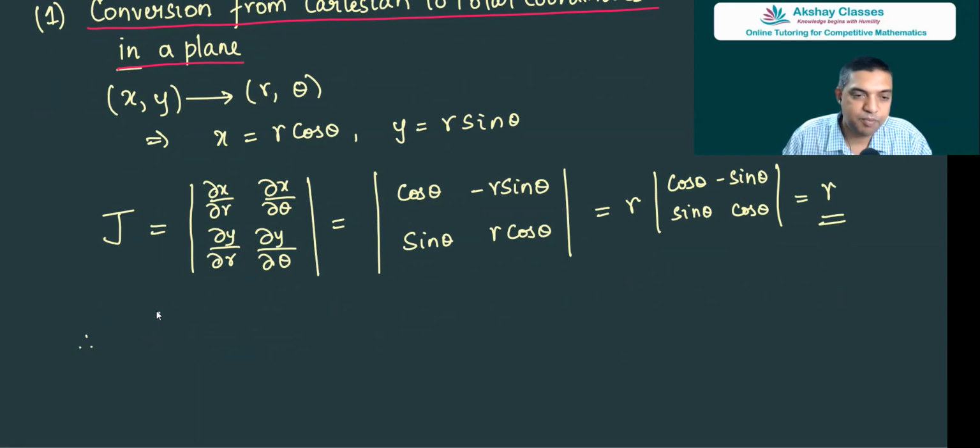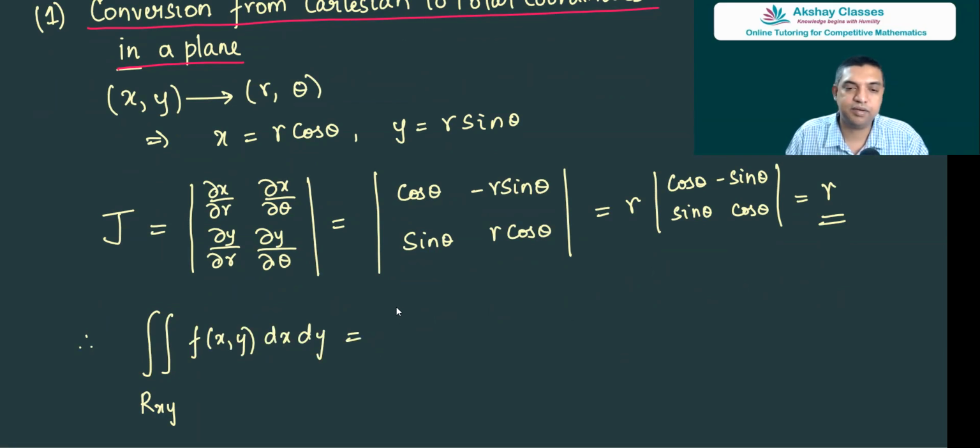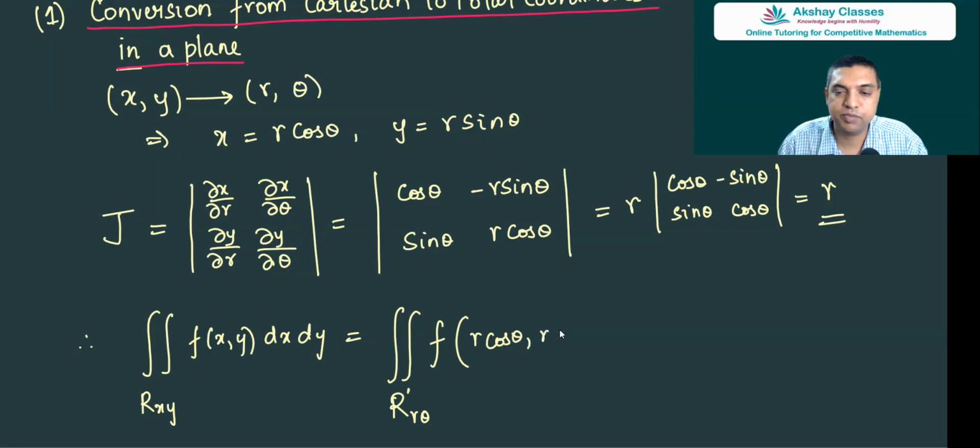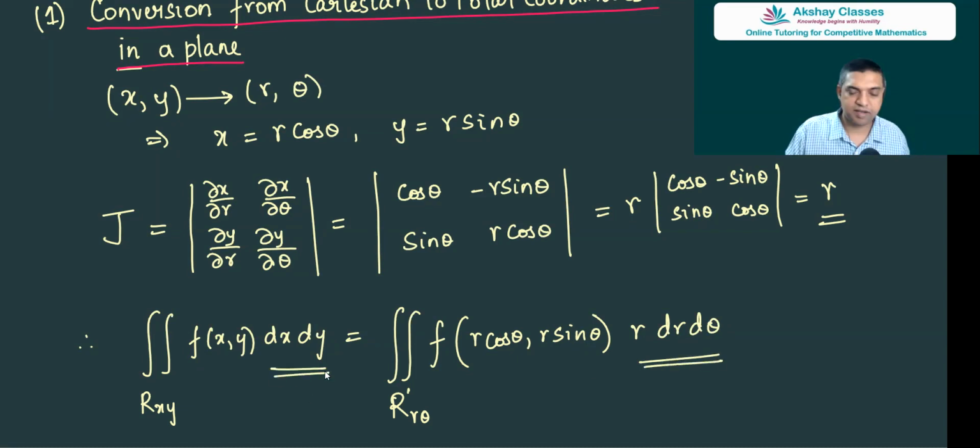Therefore, if a problem is converted from the xy plane to a polar coordinate system, you have to go to the corresponding region in the polar coordinates. Now x will be replaced by r cos theta, y will be replaced by r sin theta, into the Jacobian r into dr d theta, which we know from the elemental area conversion we have done earlier.